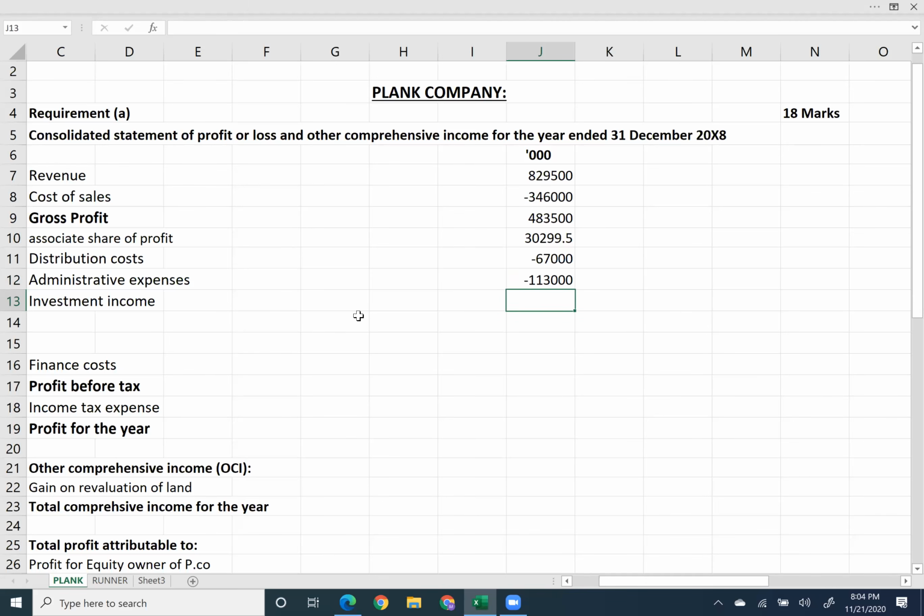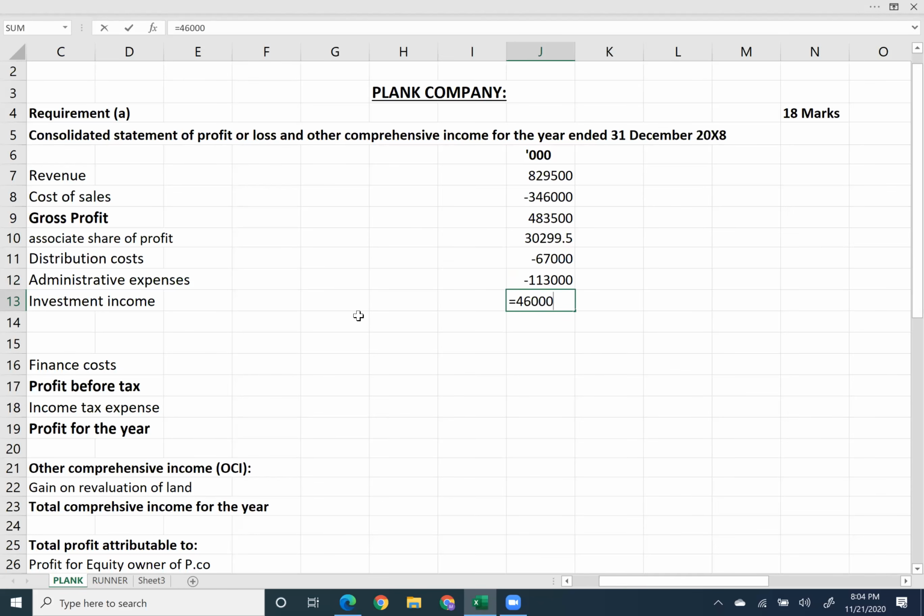Now, investment income. This is very important. Please, you don't need to sleep. I already told you about the investment income. The investment income here is 46,000.